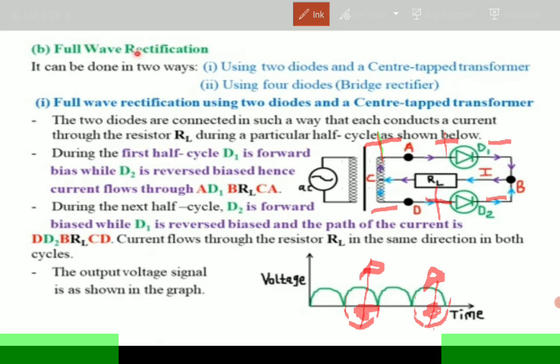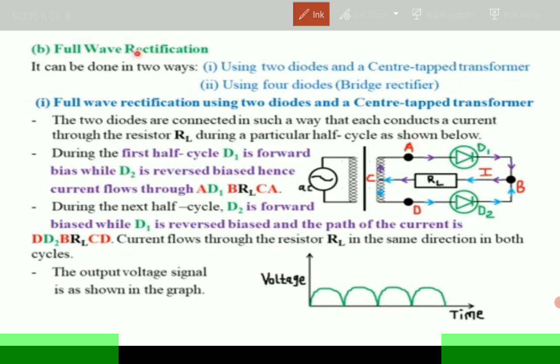So instead of being cut off completely, this part has simply been pushed into the positive direction. Therefore, here power is not lost. In this particular rectification process, power is not lost, unlike in the half-wave rectification using a single diode. So you can say that full-wave rectification using two diodes and a center-tapped transformer is more advantageous than half-wave rectification, because power is not lost.